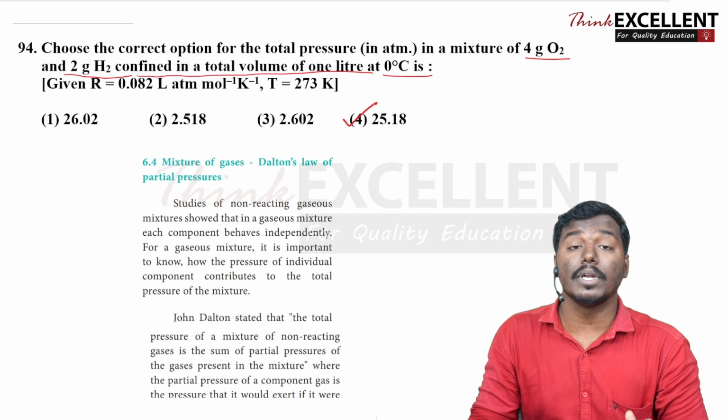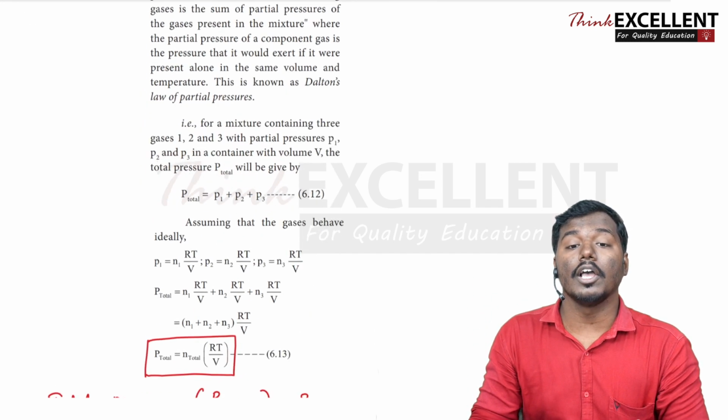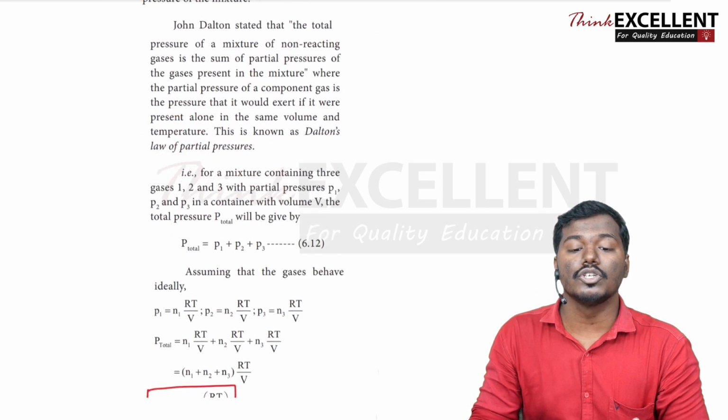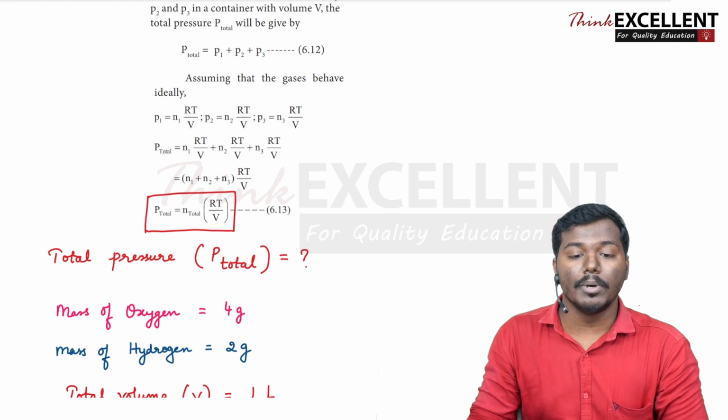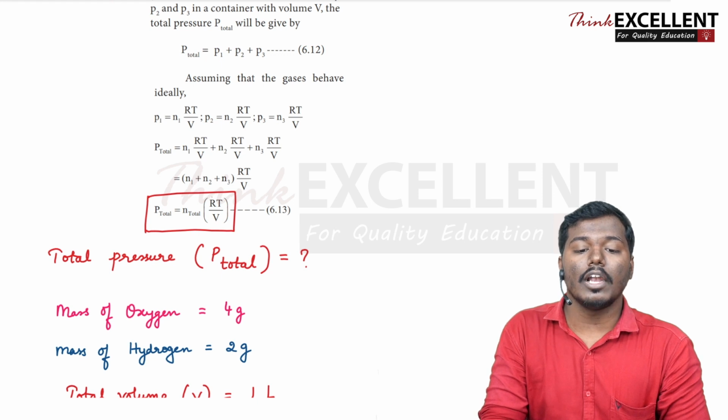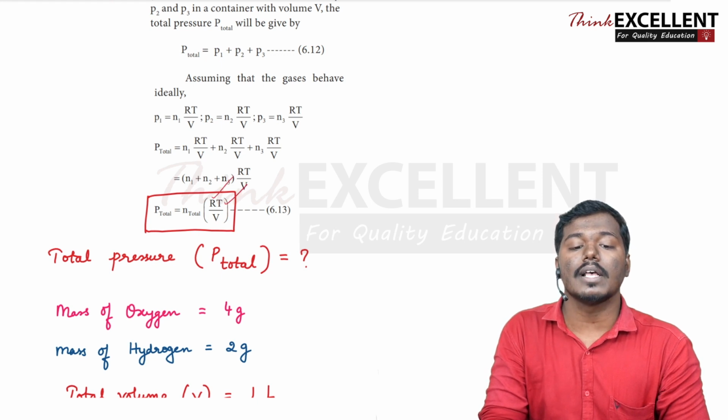So total pressure நம்ம எப்படி find out பண்ணலாம் using this Dalton's law அப்படி படிச்சிருக்கோம்ல, that is the P total is equal to N total into RT by V. So அப்ப total pressure வேணும்னா நம்ம total number of moles கண்டுபிடிக்கணும், gas constant value தெரியணும், temperature as well as the volume.